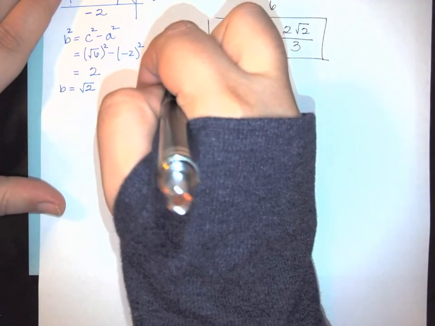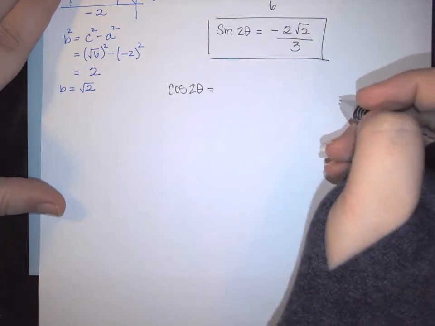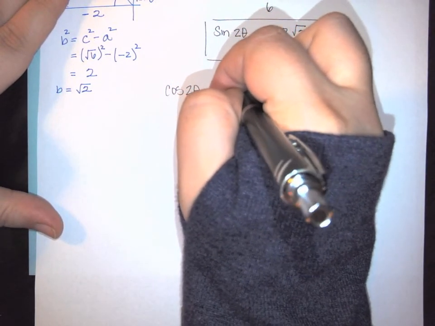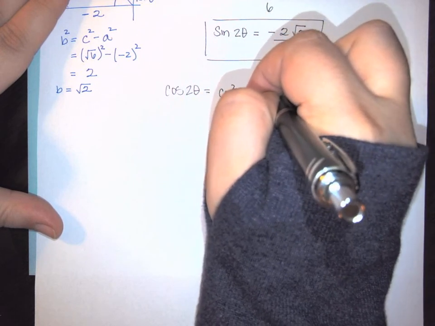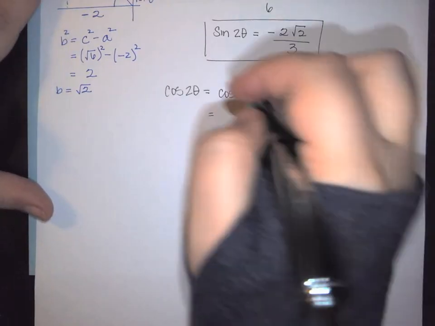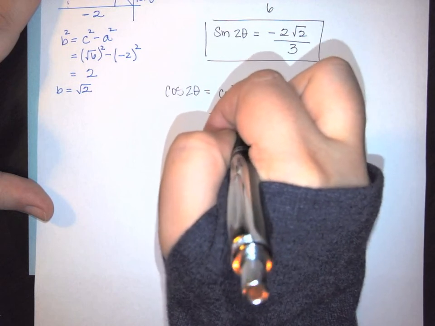So here we're going to do the cosine of 2 theta. Again, using the one used most often. Here we would have cosine squared of theta minus sine squared of theta. So here, plug things in. Again, your cosine is going to be negative 2 over the square root of 6.